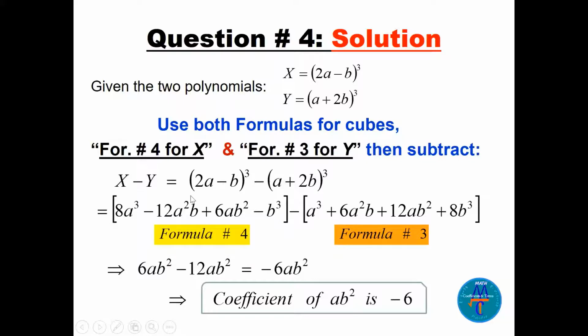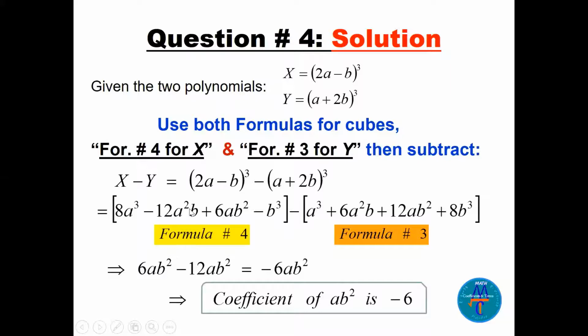I will do one of them. (2a) all cubed, which is 8a cubed, plus 3 times (2a) squared b, plus 3 times 2a times b squared, minus b cubed. That's formula number 4. Same thing for formula number 3. When you subtract, what do I need? ab squared.